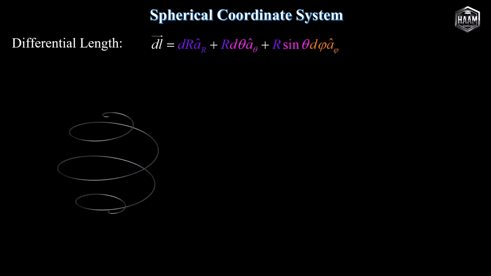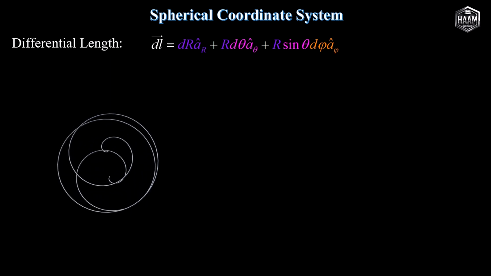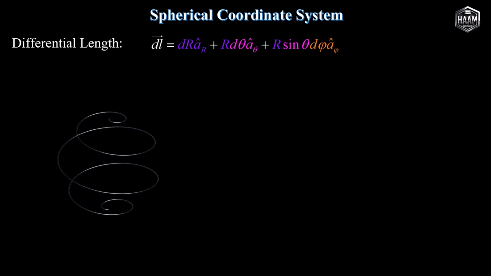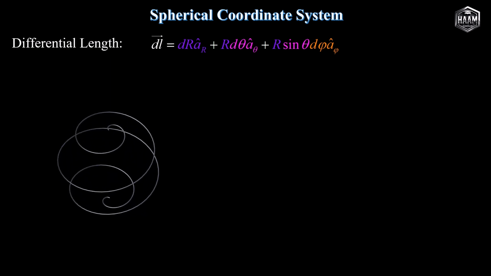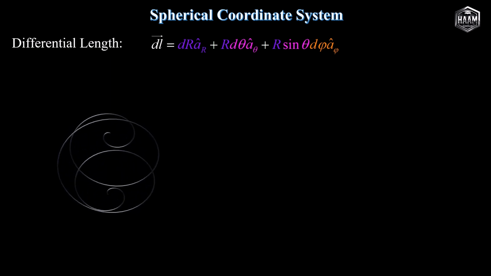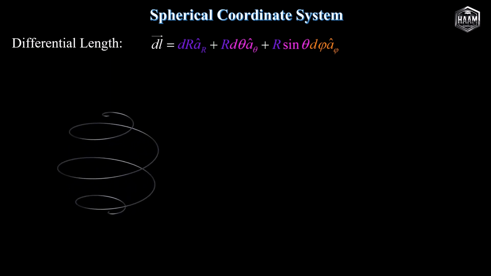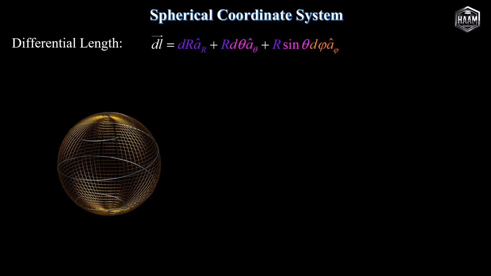Now, consider a shape like this, a very thin wire wound in this manner. Since it's a very thin wire, it can be treated essentially as a line. As shown, this thin wire is wound along the surface of a sphere, an imaginary sphere.